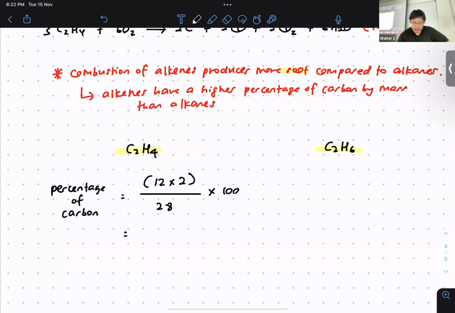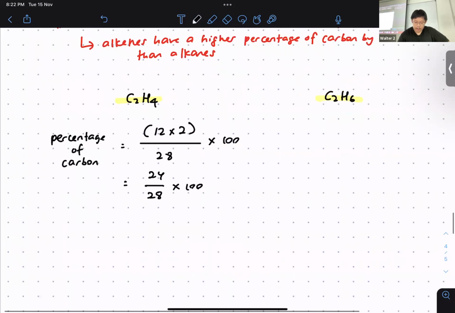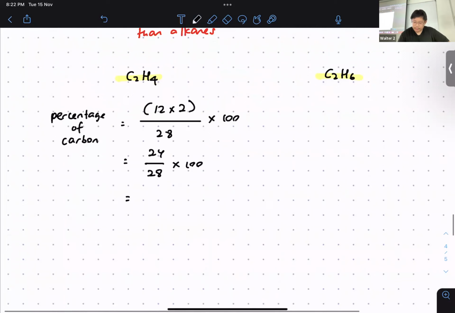Or just put here 24 divided by 28 times 100, and you'll get 85.71%. This is the percentage based on carbon.